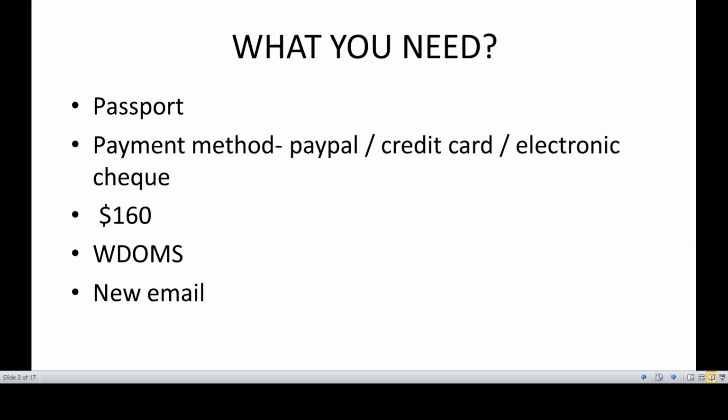So what do you need? You need a passport, and you need a payment method. Why am I mentioning the payment method beforehand? Because at the end you need to pay the fee, that is $160. And you need to check whether your medical school is registered in the World Directory of Medical Schools as of now. Later it will be replaced by the World Federation of Medical Education after 2024.